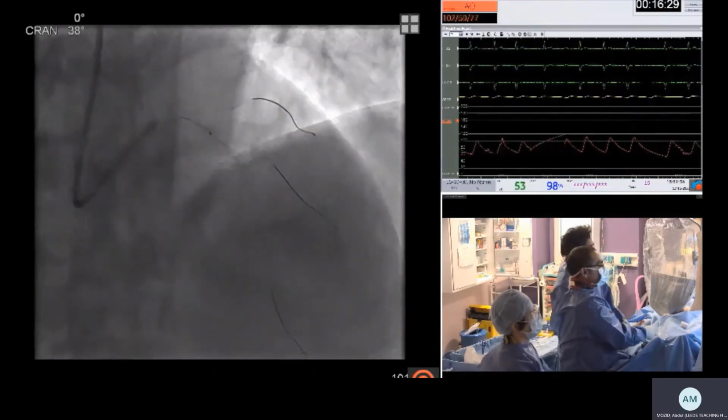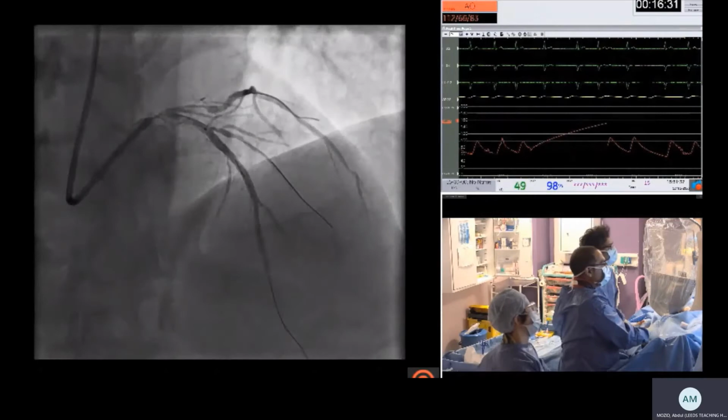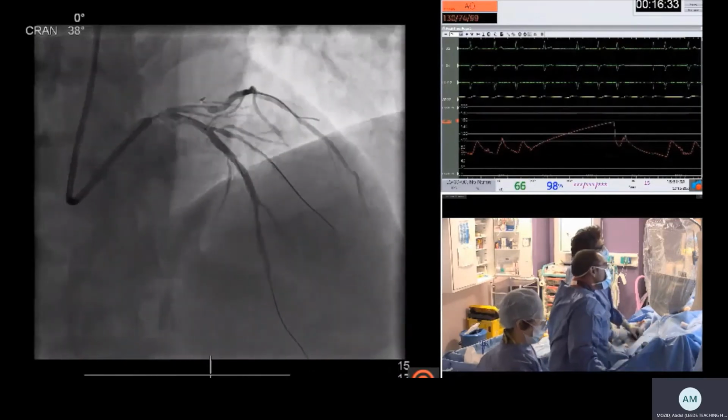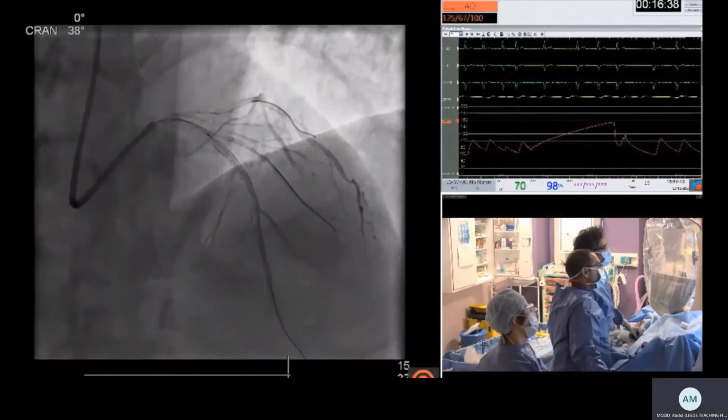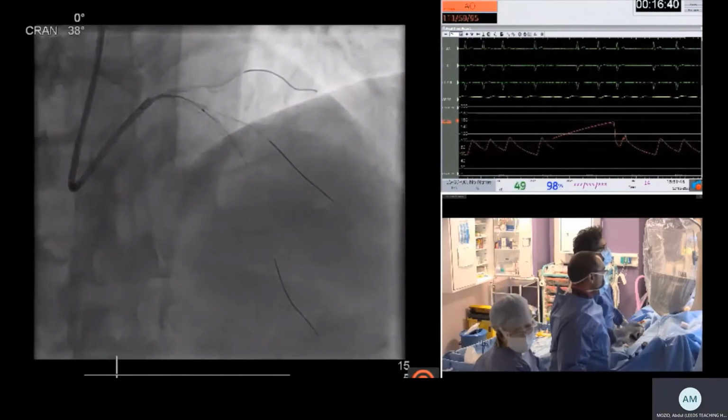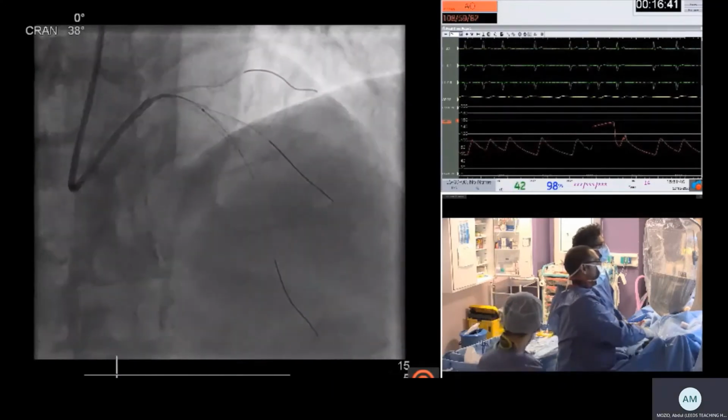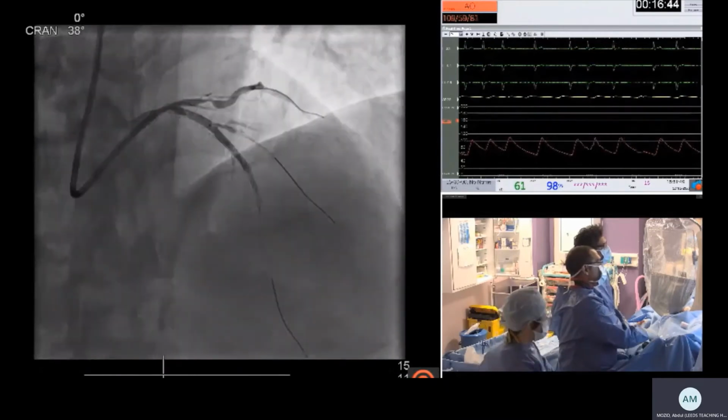We then used this balloon to guide us to the length of the second stent, which again looks like a 3.5 by 23 millimeter stent will suffice.